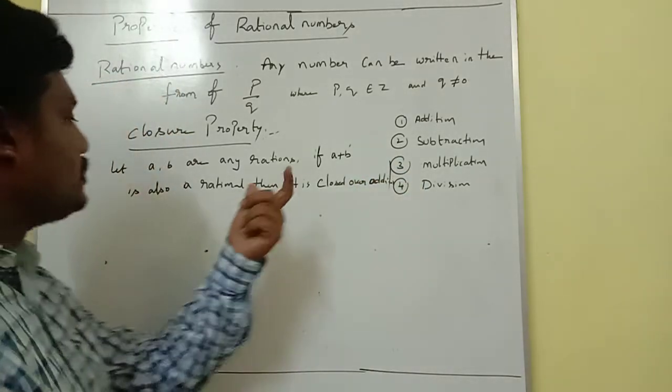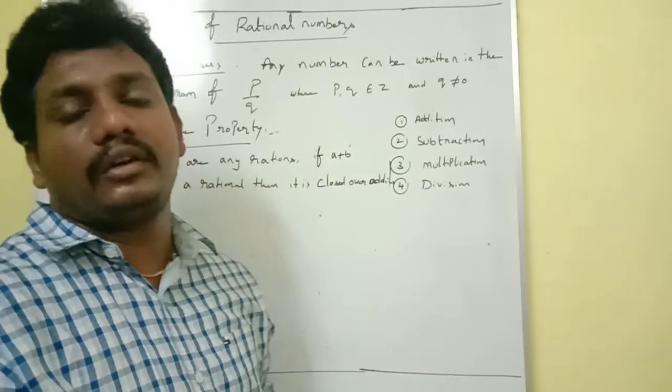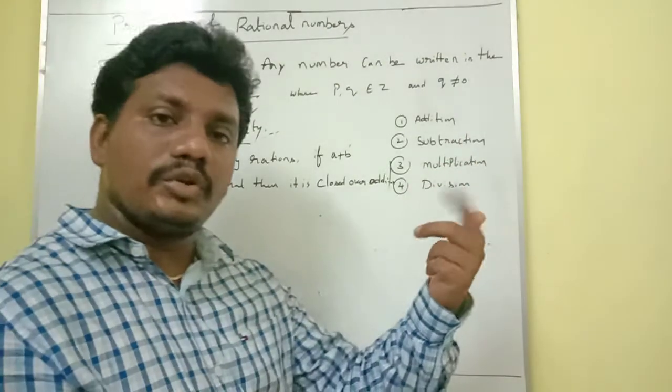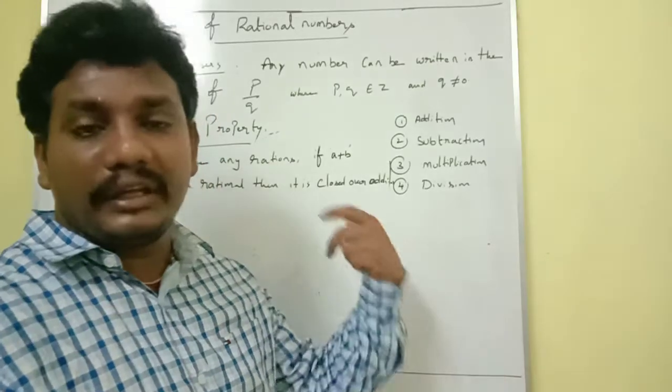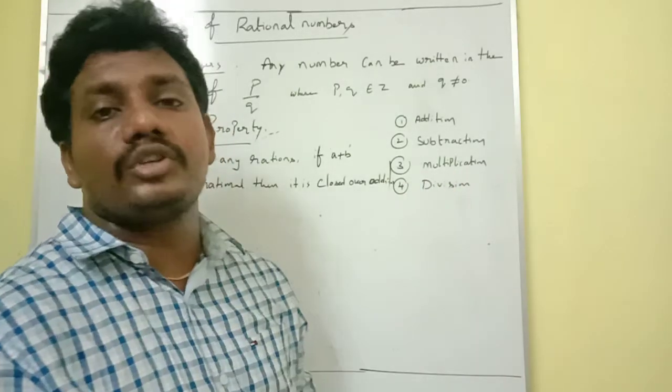That means if we consider any two rational numbers and add them, the sum should be rational, then it is known as the closure property.